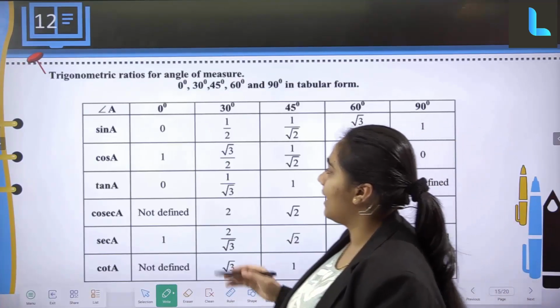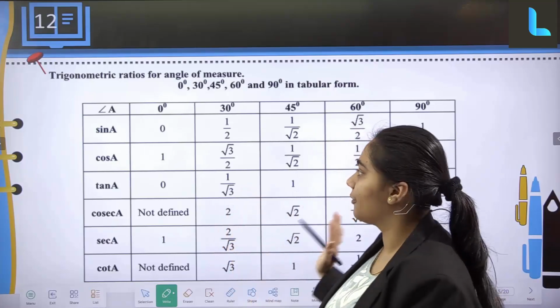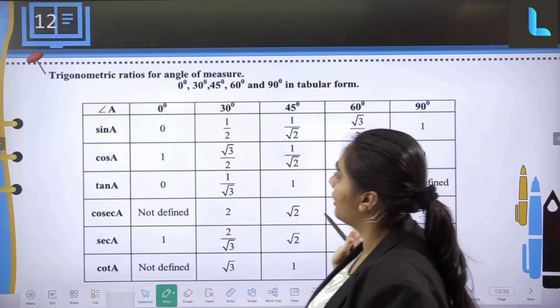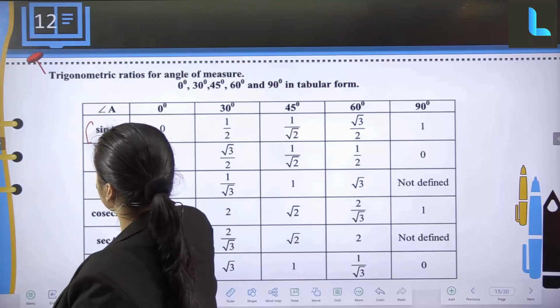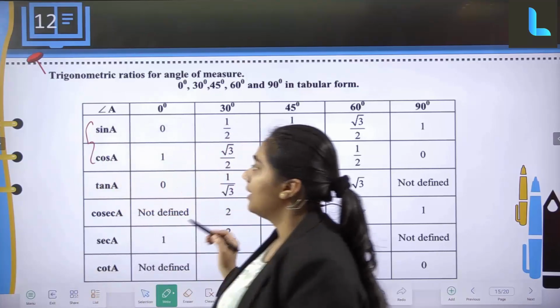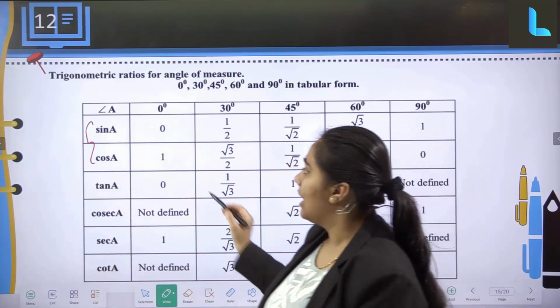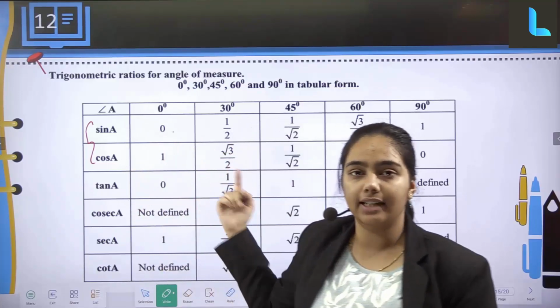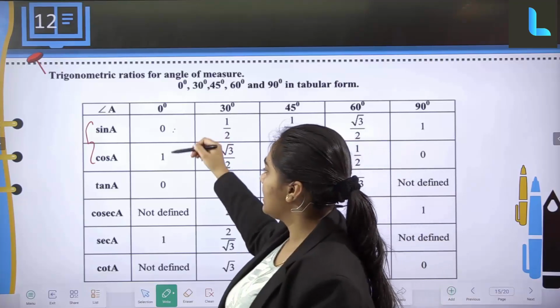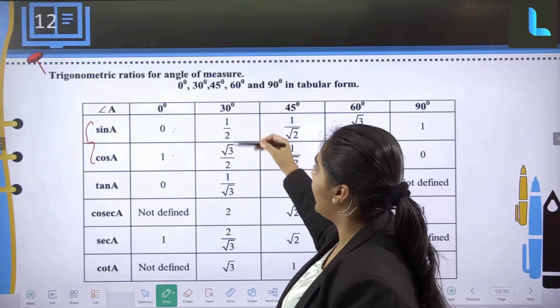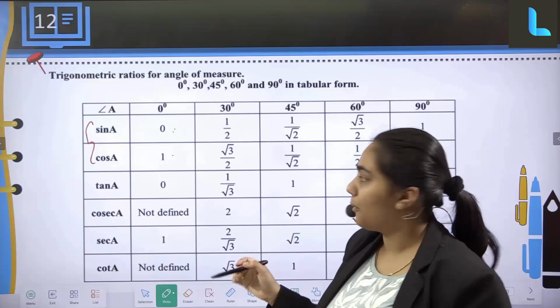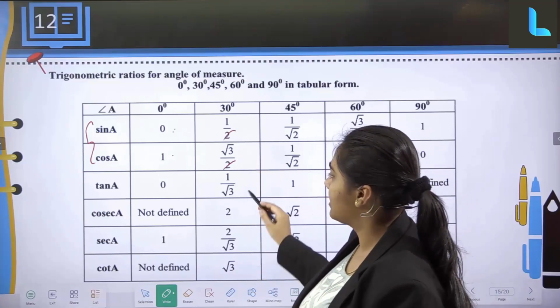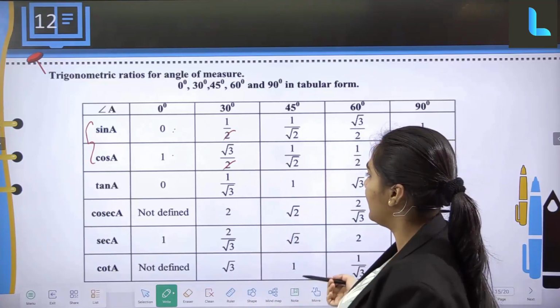Once you understand this, then it is nothing but your formula-based chart. Over here also all that you have to understand is just these two things, that is sine A and cos A. Once you understand this, tan A is nothing but sine A divided by cos A. See, 0 divided by 1 is 0. 1 upon 2 divided by root 3 upon 2, the 2 and 2 get cancelled, and 1 divided by root 3 is what you will be having.